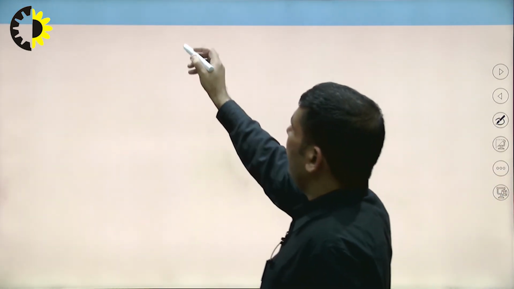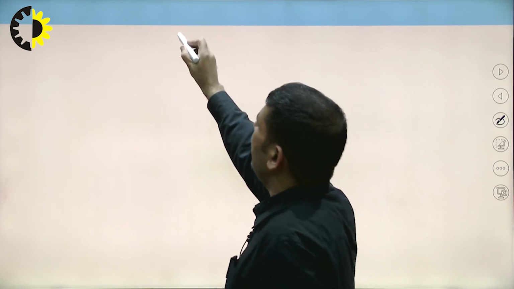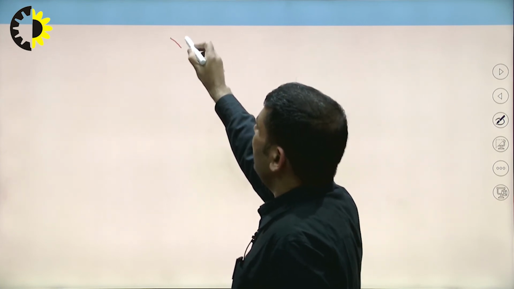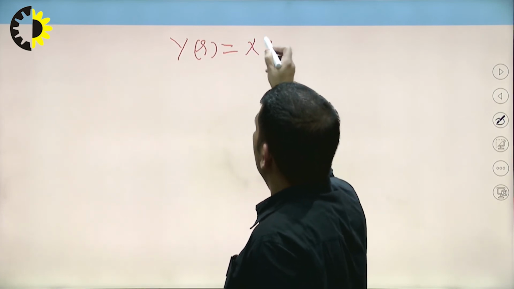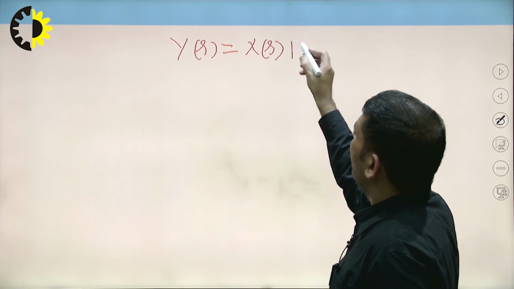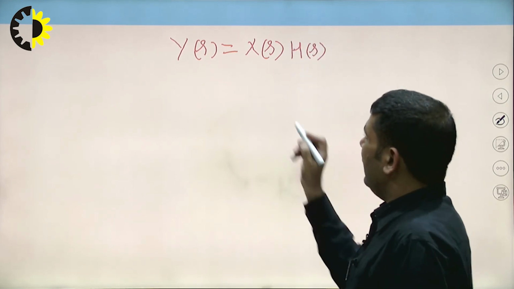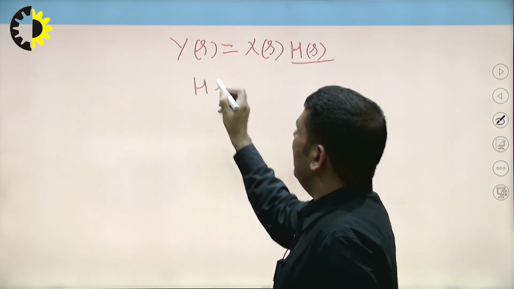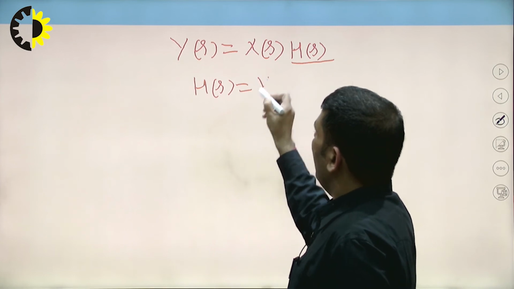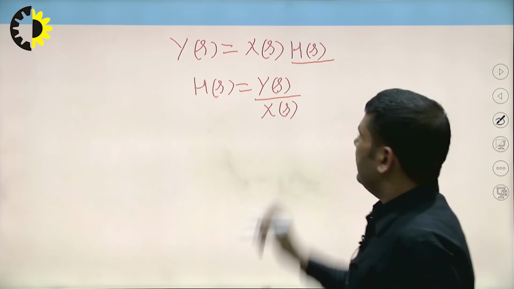As we have already discussed, when we solve for any output with the help of Laplace, we get this equation: Y(s) is equal to X(s) into H(s). This is the transfer function, so H(s) will be written as Y(s) upon X(s).